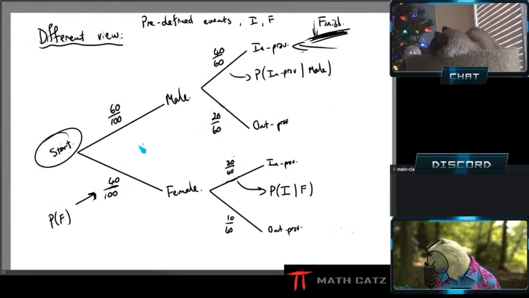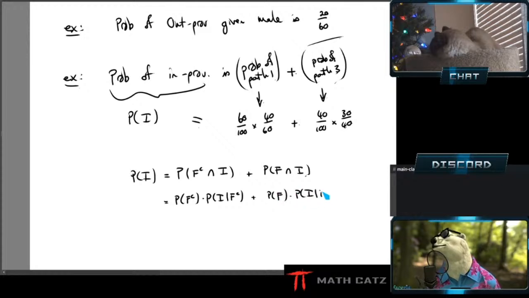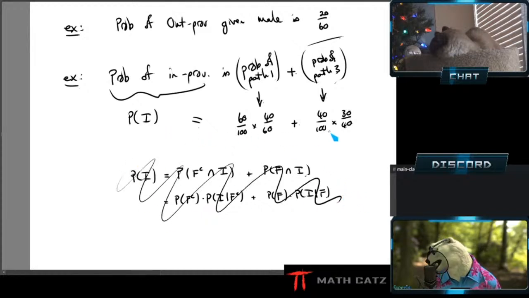Path 3 is female and in province. And then these guys will be split up: probability of male, so not female, times the probability of in province given not female, plus probability of female times probability of in province given female. But why do I need this? I don't need it. I just need the answer.